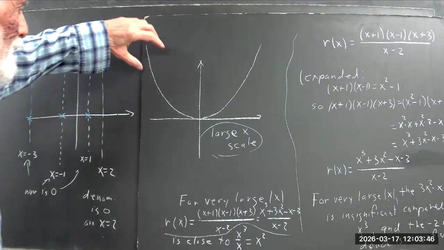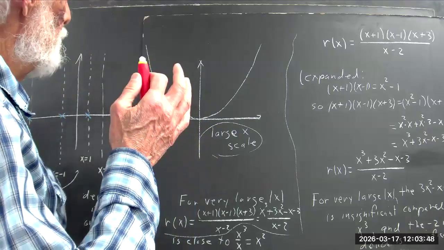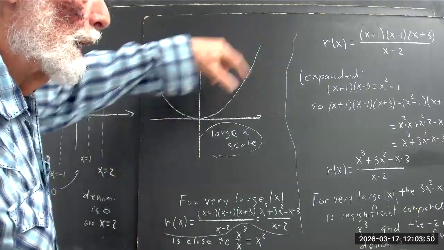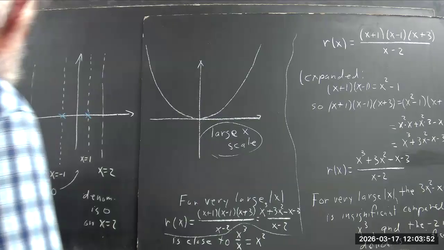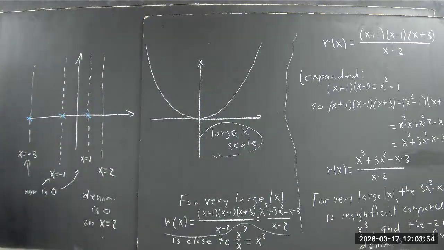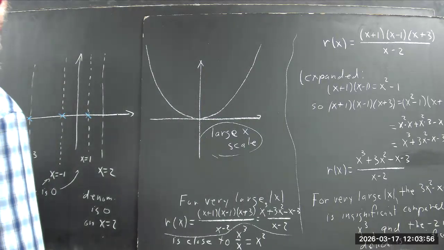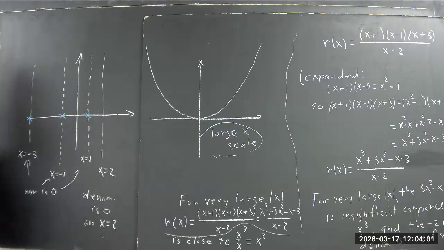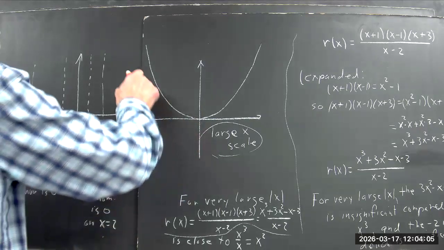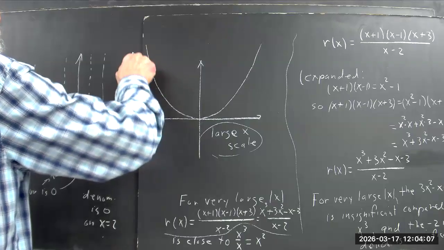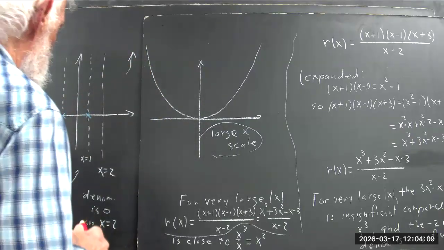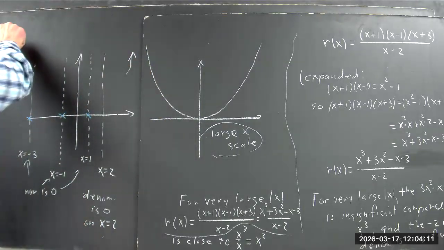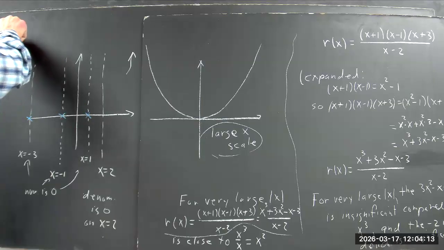And if I look at it zoomed way back, it looks like a parabola. So what does this tell me about the graph of the function? It tells me that the graph has to start up here. If I go far enough to the left, it's got to go way up. If I start far enough to the right, it's got to go way up. That means the graph has to come down way up there somewhere.